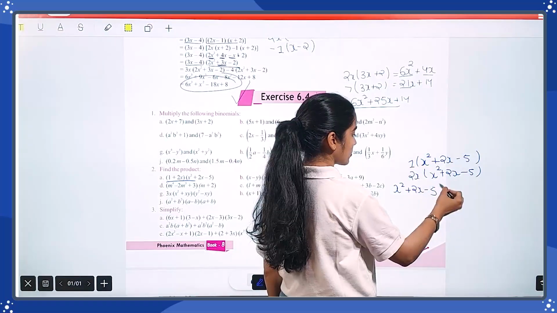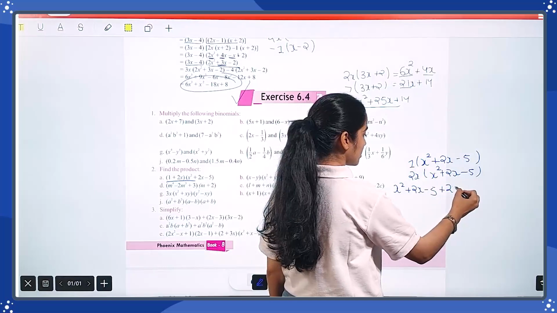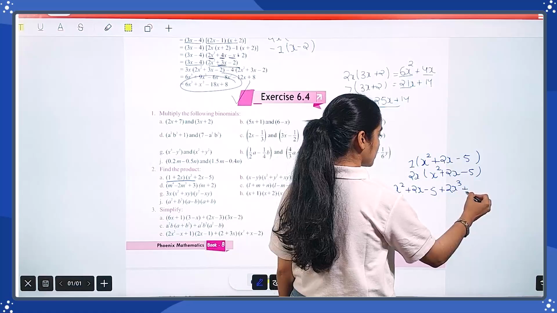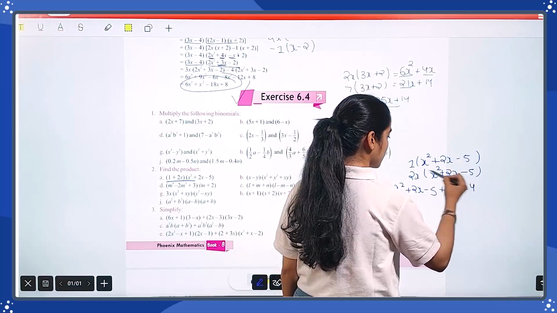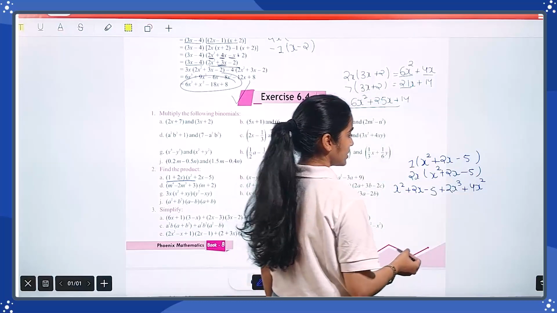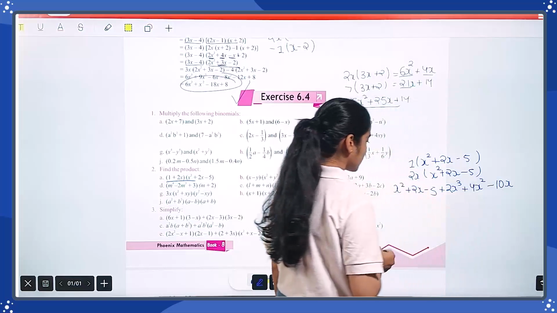2x multiplied by x square is plus 2, x times x square is x cube. 2x multiplied by 2x is plus 4, and x times x is x square. 2x multiplied by 5 is 10, so we have minus 10x. Now we have to check which are common.